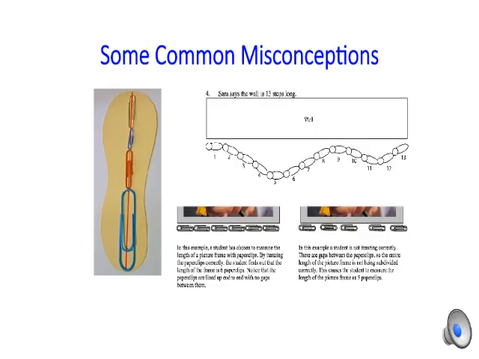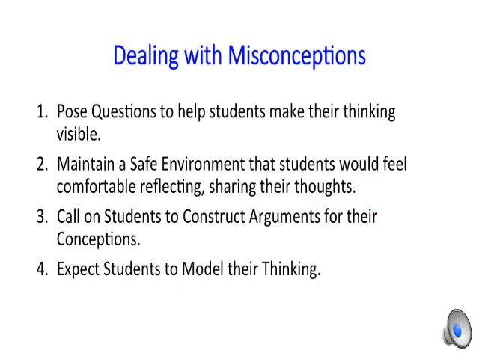There are gaps between the paper clips, so the entire length of the picture frame is not being subdivided correctly. This causes the student to measure the length of the picture frame as 5 paper clips. I would add, if the student had overlapped the paper clips, the length would have been more than 6 paper clips, depending upon how much overlapping took place. As the standards stated, no gaps and no overlaps.